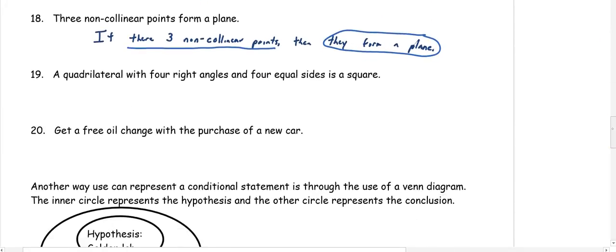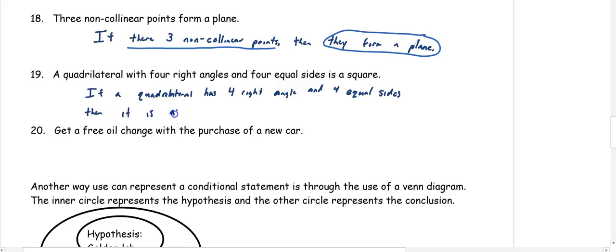Number 19, a quadrilateral with 4 right angles and 4 equal sides is a square. So for our hypothesis, we could say if a quadrilateral has 4 right angles and 4 equal sides, then it is a square.